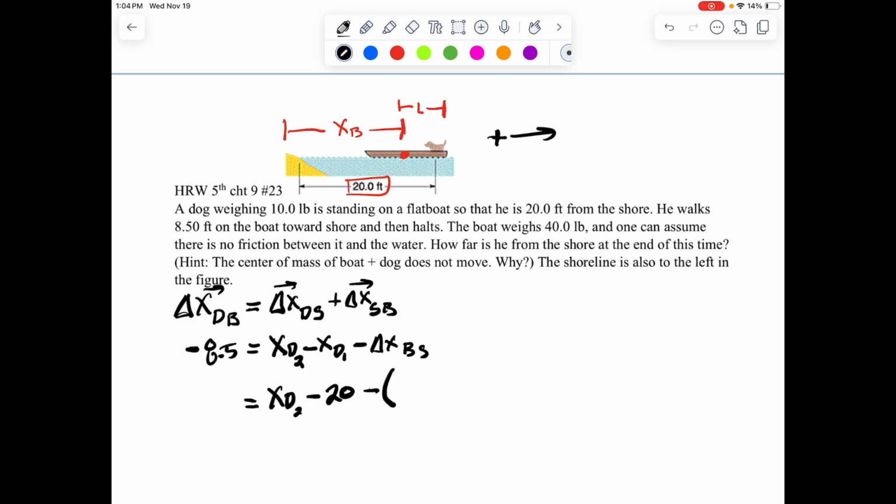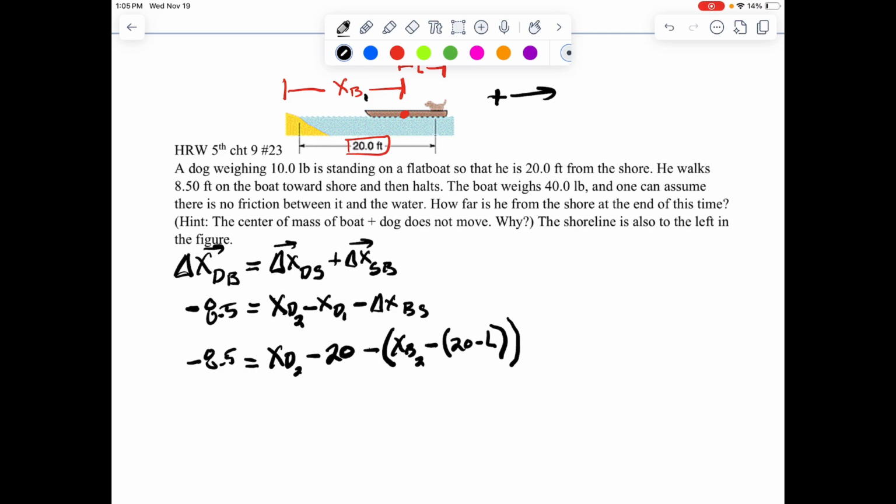So that is the boat to the shore at the end, so position of boat 2, that's at the end, minus position 1. Now that position 1, that is 20 minus L. Minus 20 minus L.